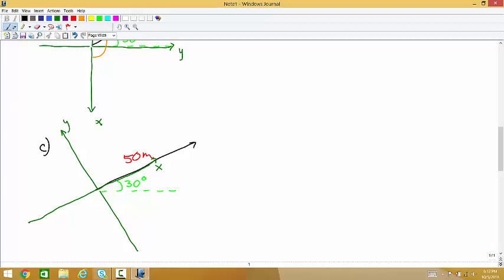The first is, starting at the positive x-axis, what angle do you have to go counterclockwise until you line up with the vector? Zero. You don't have to go anywhere. You started there. So this is 50 times cosine of 0, 50 times sine of 0. And you can just plug that in and you'll get 50, 0.